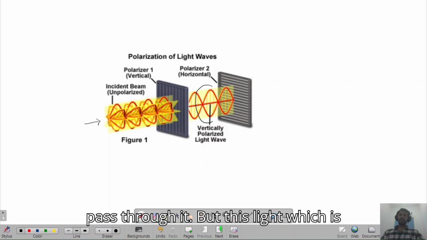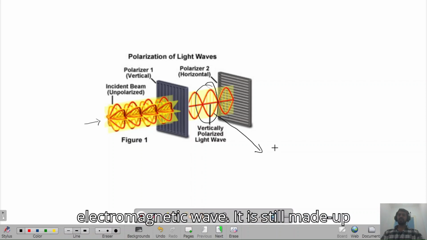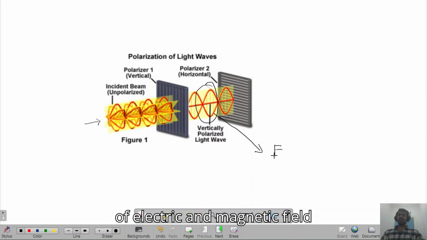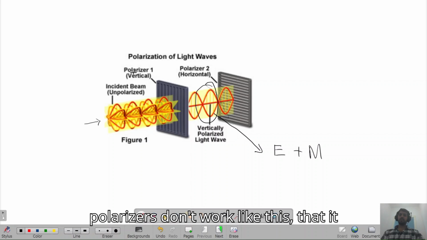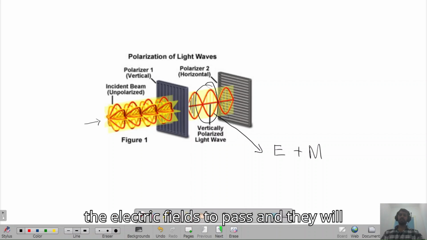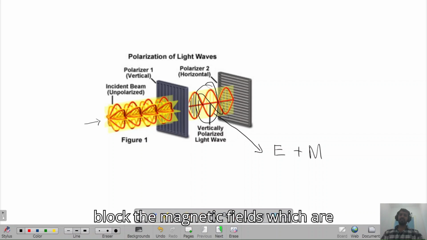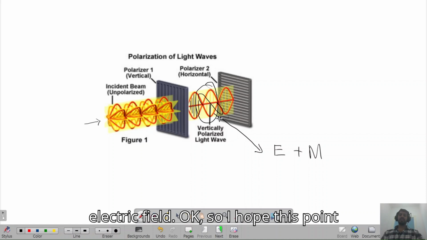But this light which has passed is still a complete electromagnetic wave. It is still made up of electric and magnetic field components, and electric fields and magnetic fields will be oscillating perpendicular to each other. So polarizers don't work like this, that they will only, for example, allow the electric fields to pass and block the magnetic fields which are oscillating perpendicular to the electric field, okay?